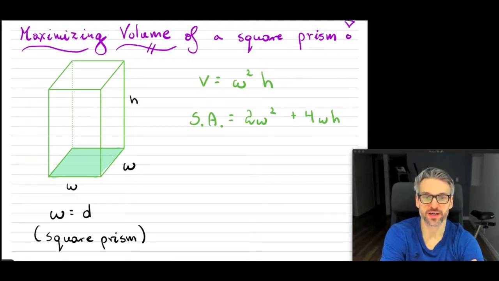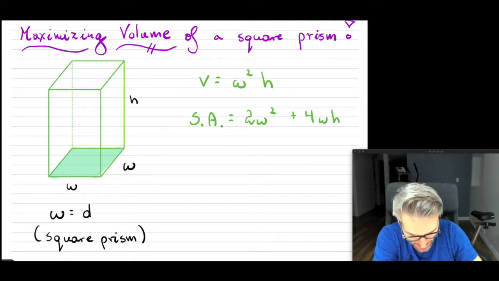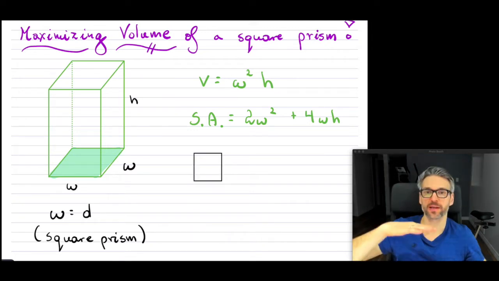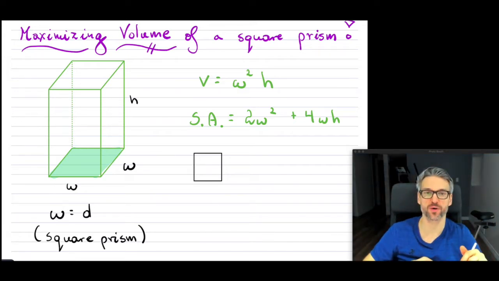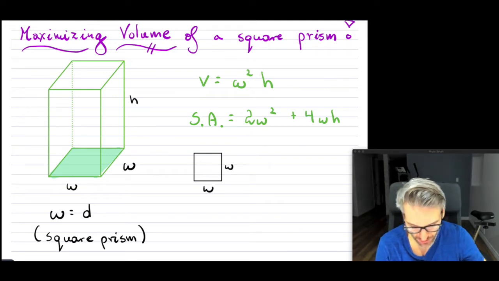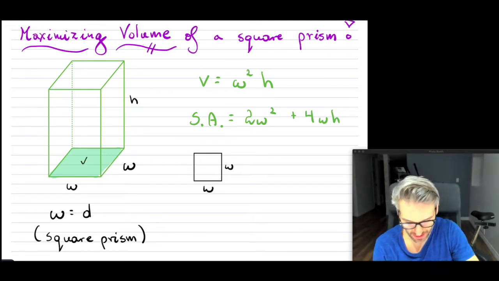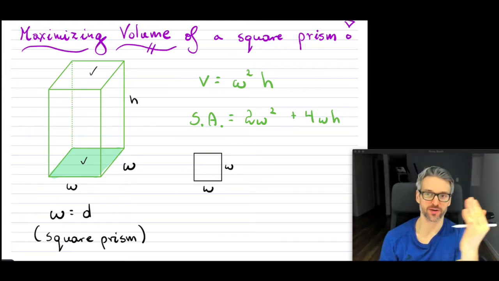Now the surface area is provided here, and what the surface area is, it is simply, we take the top and the bottom, so the bottom here and the top piece here, which is really just a square, so that's W squared because it's W times W. If you have two of them, that's 2W squared, plus all the surface area around.